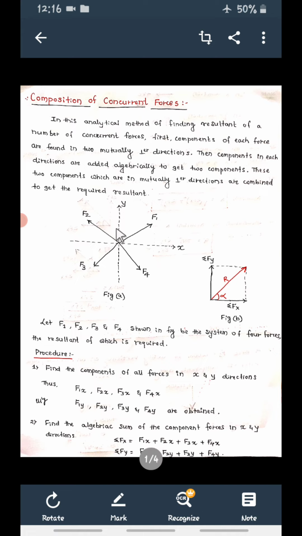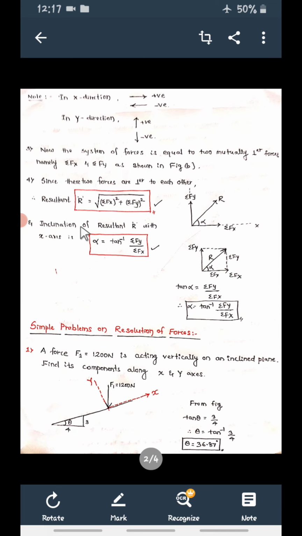Then summation Fy. Now see, if it is moving upward, it is plus. So plus F1y plus F2y, then it is downward, minus F3y, then minus F4y. Add here, you will get summation Fy. So finally, we will reduce them into two. Then we are going to use the equation.